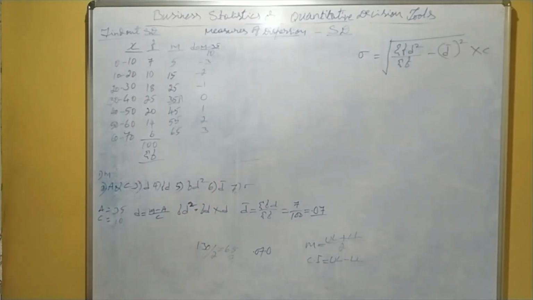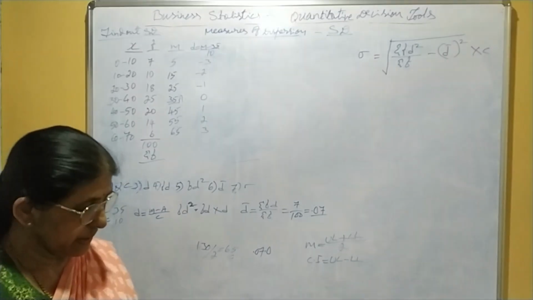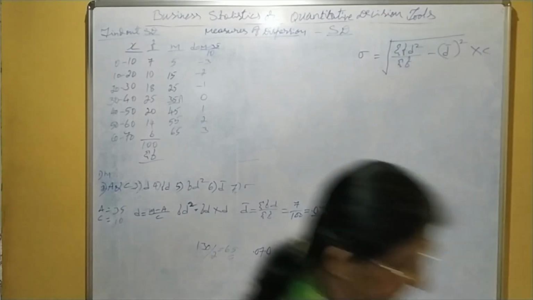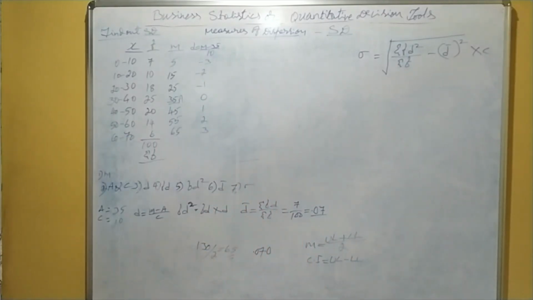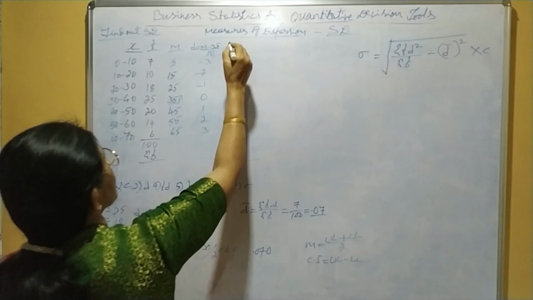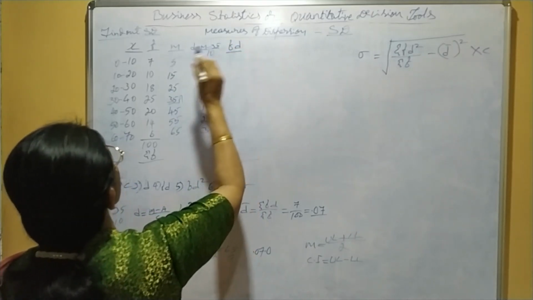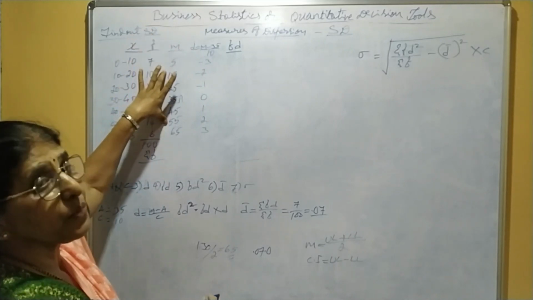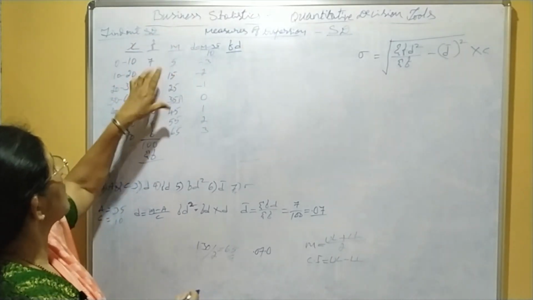Okay. Next step is FD. Here between this F and D, the M column will be there, so while multiplying you should be careful.